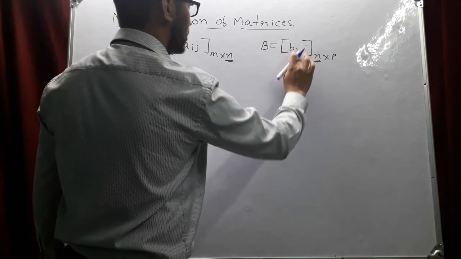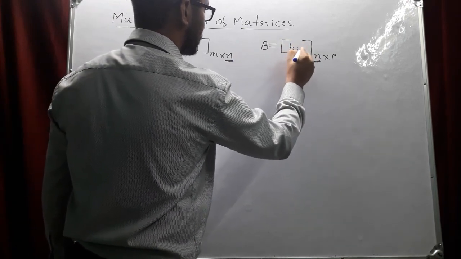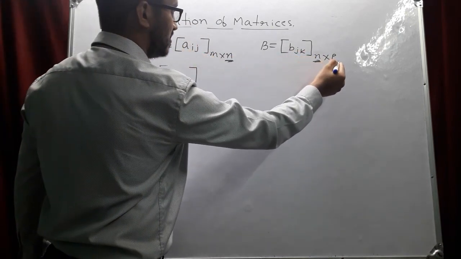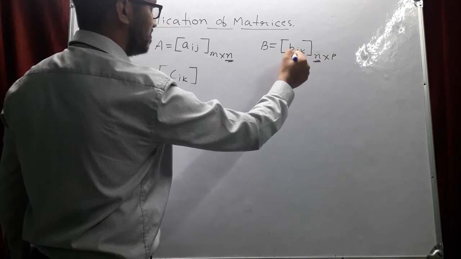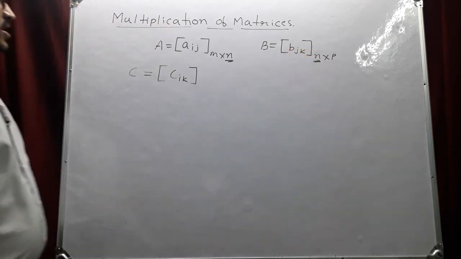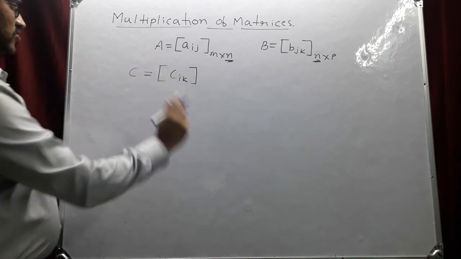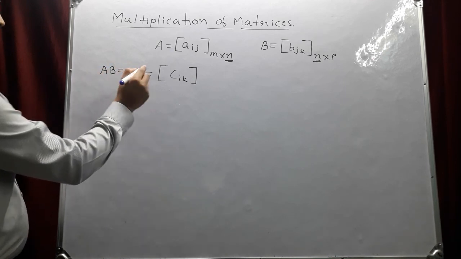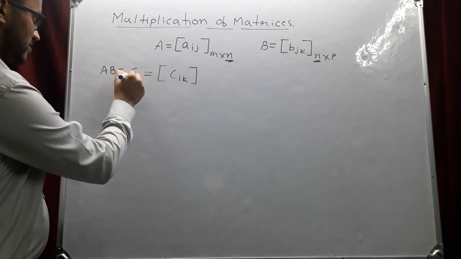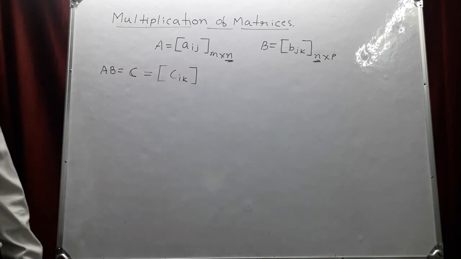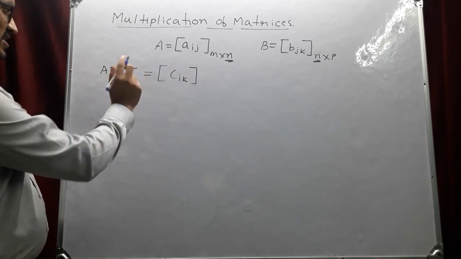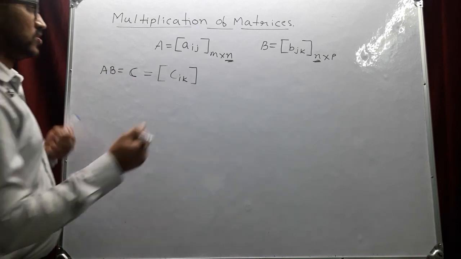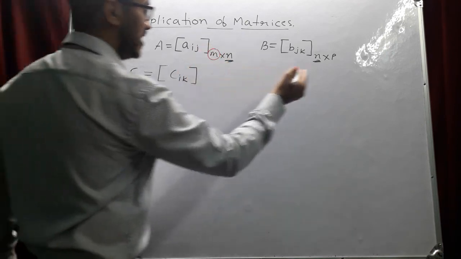The elements of B will be Bjk here, because the order of A is m by n and the order of B is n by p. Then the product matrix, that is A into B, I will write as C, whose elements are given by Cik. And the order of the product matrix C will be m by p.